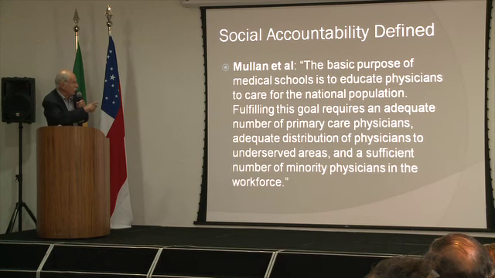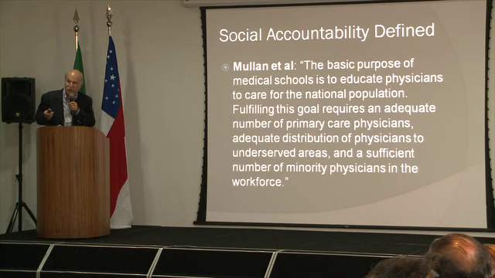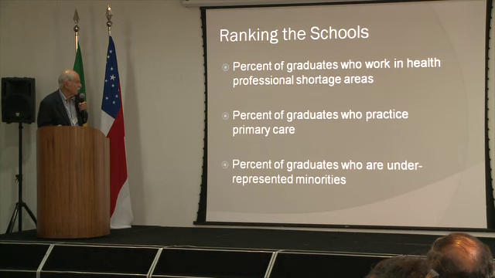Fulfilling this goal requires an adequate number of primary care physicians. In the U.S., we consider primary care to be family medicine, general internal medicine, and general pediatrics. Those 3 specialties we define as primary care. Adequate distribution of physicians to underserved areas and a sufficient number of minority physicians in the workforce.